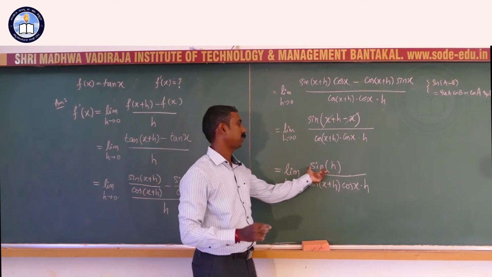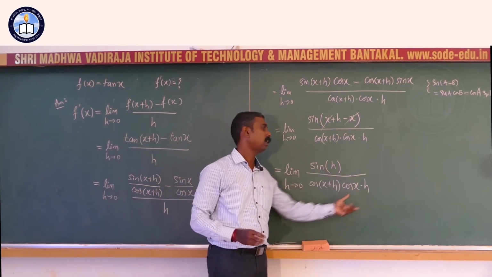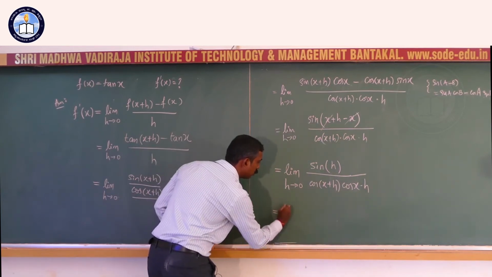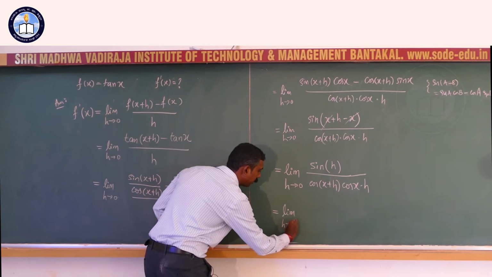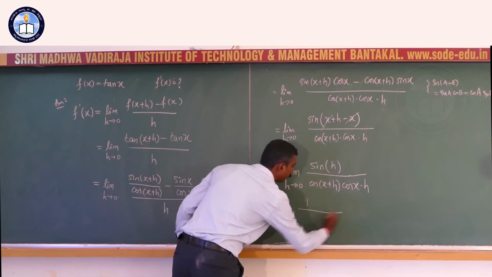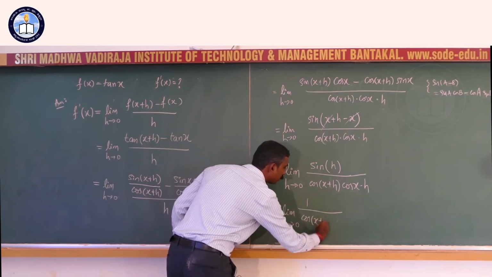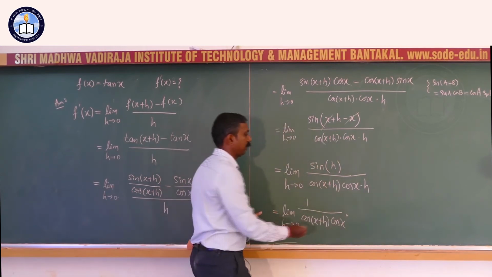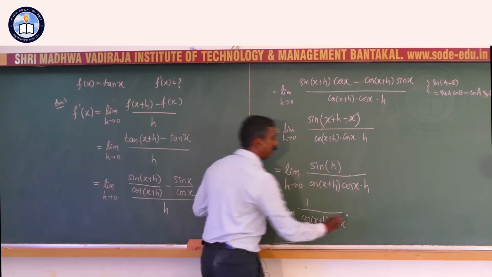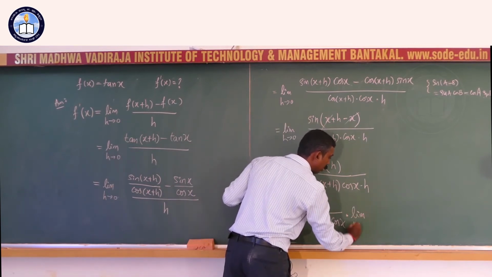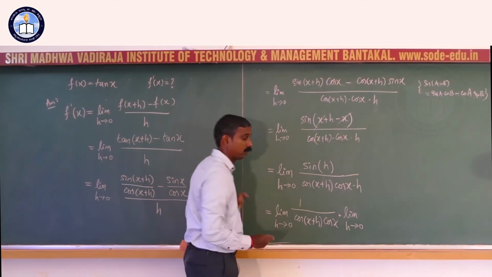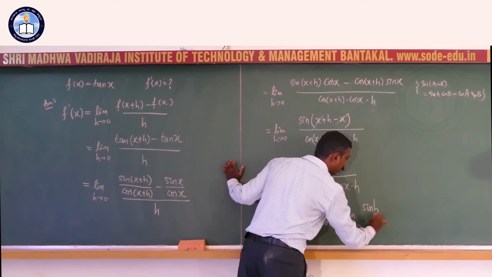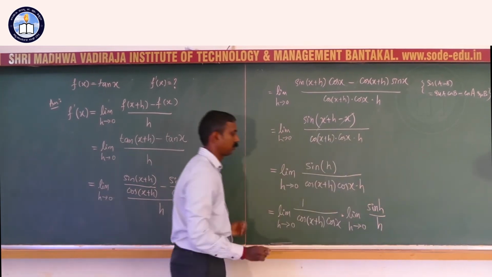Somehow we are happy to see this sin h because there is h in the denominator. So this is equal to limit h tending to 0, 1 divided by cos of x plus h into cos x, into, I will split the limit again, limit h tending to 0 sin h divided by h.